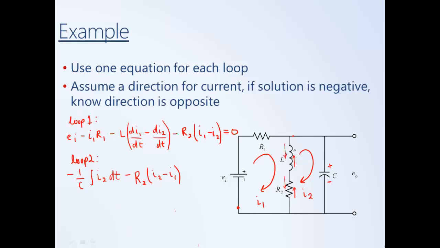And then I go through the inductor, where the drop is proportional to the rate of change. At which point I'm back to where I began, and so everything should sum to 0. Therefore, we're done. These two equations govern or model the dynamic behavior of this circuit.